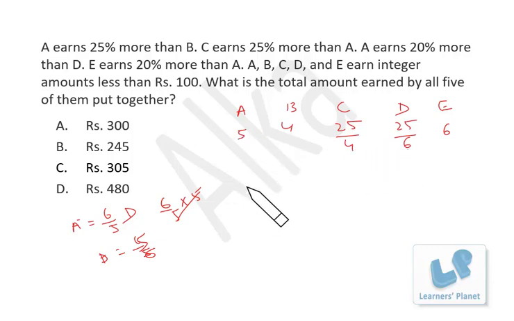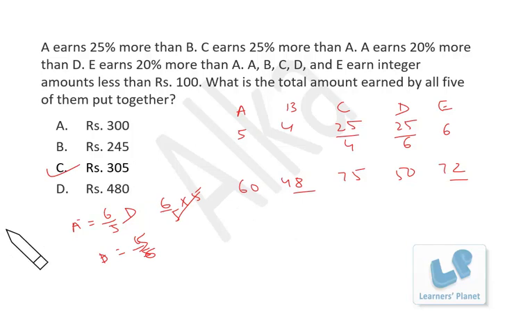So 12 into 5 is 60, then 48, then 75, 50, and 72. So 48 and 72, 75, 50, 125, 60. The unit digit must be 5, so 305 is the correct answer.